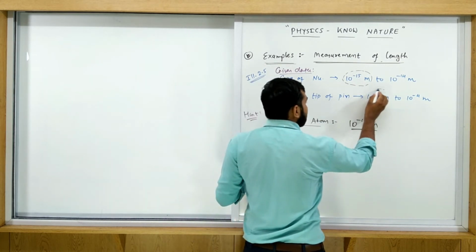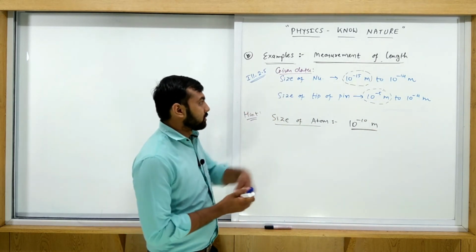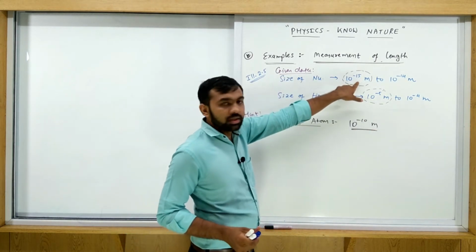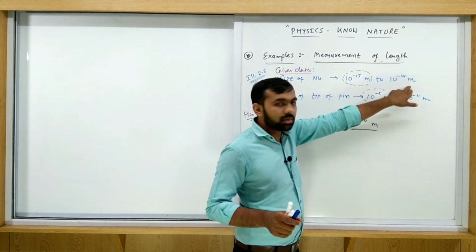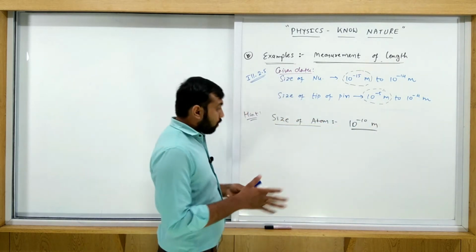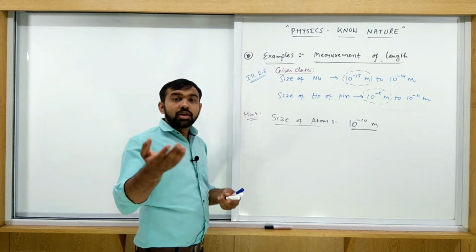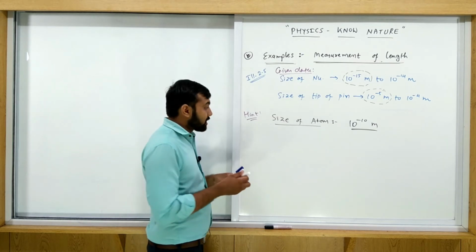Size of tip of pin is approximately 10 raised to minus 5 meter. We just consider any one of these. If you consider 10 raised to minus 14 meter, then size of tip is considered 10 raised to minus 4 meter. So size of atom upon size of nucleus remains almost always constant.